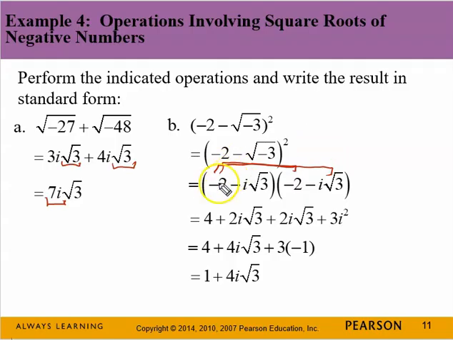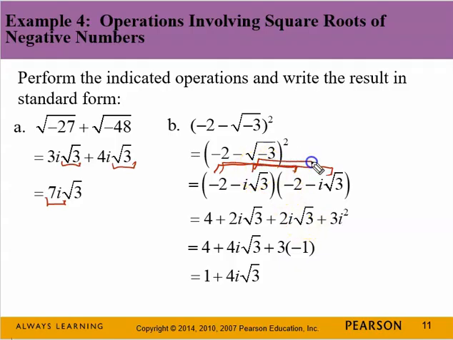Now our outers would be a negative 2 times a negative i, which, a negative times a negative gives you a positive 2i times the square root of 3. Your inners, a negative 2 times a negative i, another positive 2i square root of 3.